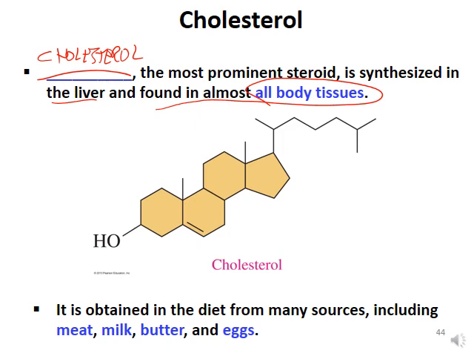If we didn't have cholesterol, basically we would just be sort of like Jell-O, because cholesterol has an awful lot to do with the structural integrity of cells. So that's what cholesterol looks like. And we get it from eating milk, butter, eggs, and meat.